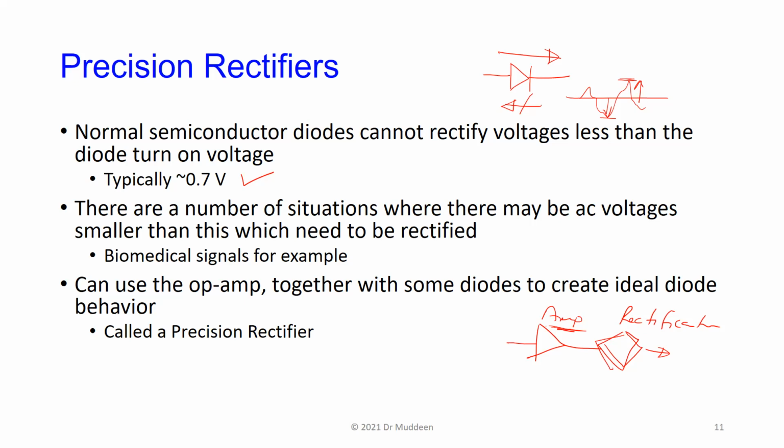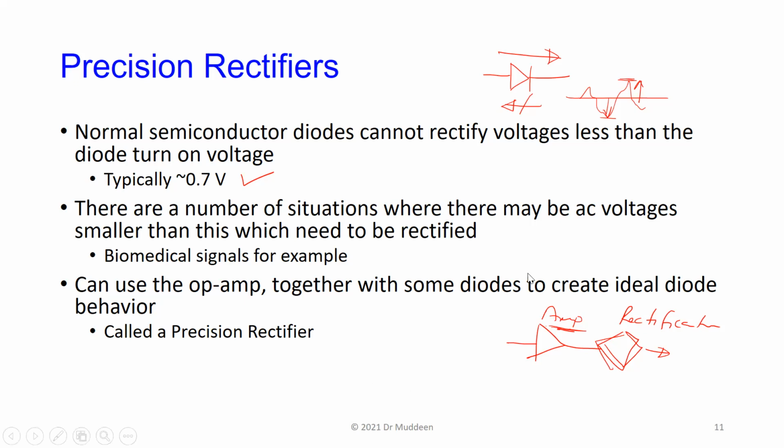And what the amplifier basically does is that, because of the behavior of the amplifier, once you put the diodes in the feedback loop of an op-amp, the op-amp biases the diode sufficiently on to get it working, and then the rest of the circuit works around that. That's the beauty about the op-amp.